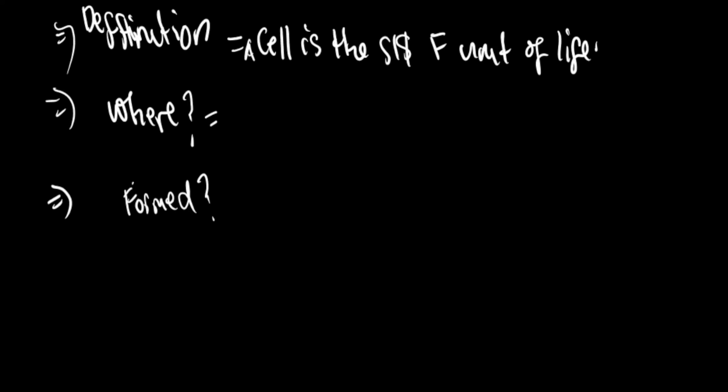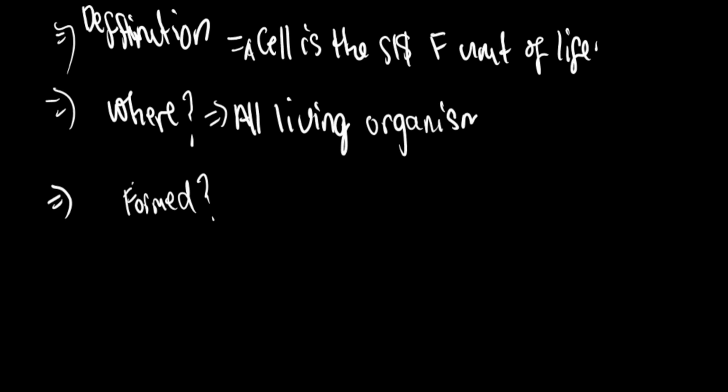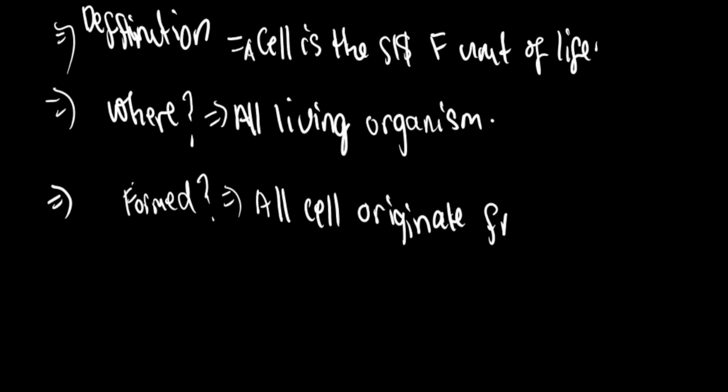All living things are made up of cells. All living organisms are made up of cells. This is the next concept of the cell theory. And the last concept of the cell theory, how are cells formed, is that all cells originate from pre-existing cells. So these are the three concepts of the cell theory.